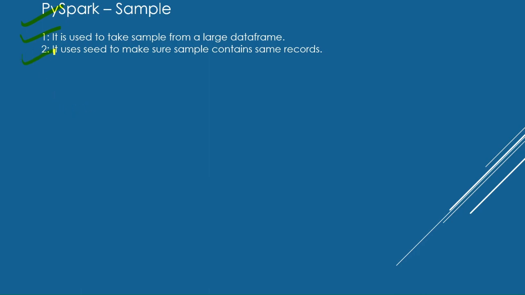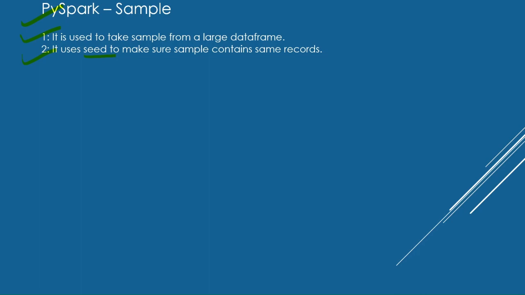It uses seeds to make sure the sample contains the same records. Whenever we take a sample, the seed plays a very important role. Suppose you want to make sure that the records which the sample function generates from a large data set are the same, even if you take the sample multiple times.